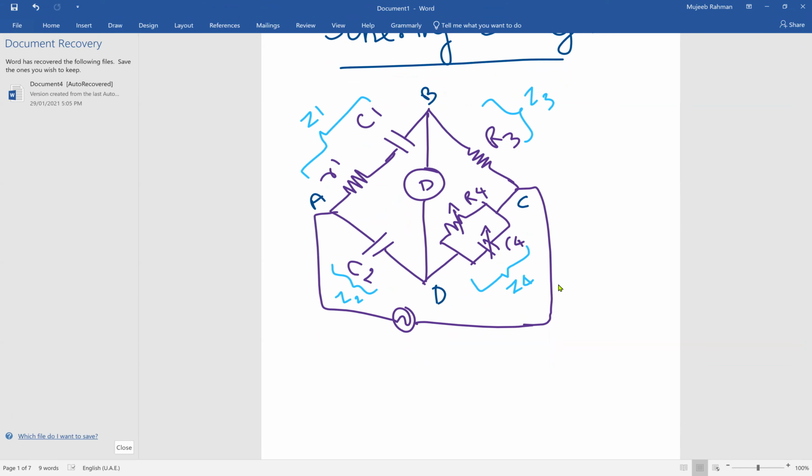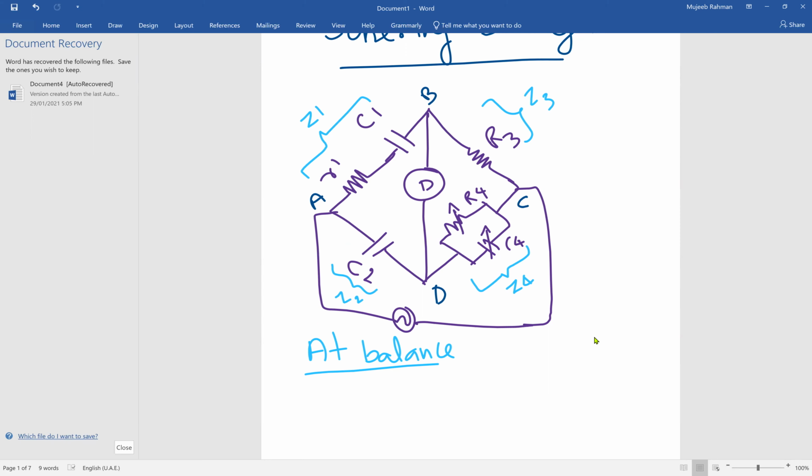As we discussed in the previous Maxwell's bridge, to achieve the balance condition, we have to adjust the variable components until we get a null reading from the galvanometer.